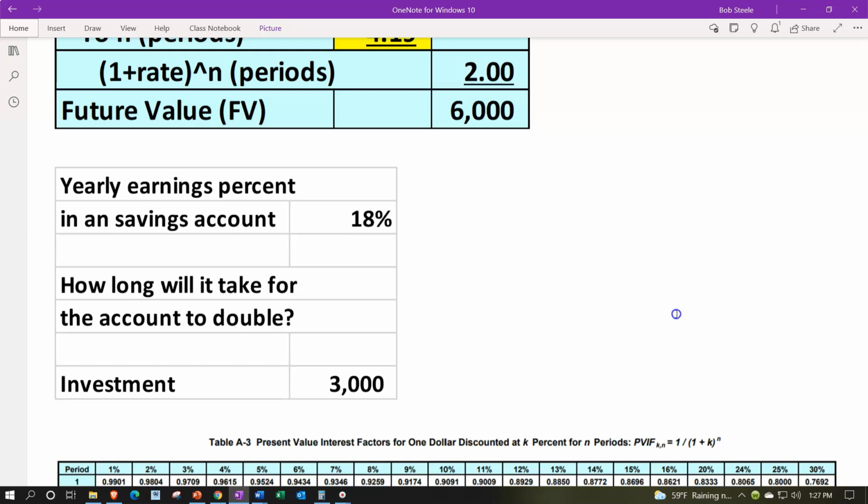So on the present value side, you've got an annuity present value table, a series of payments, and a non-annuity present value table, sometimes called present value of 1. And on the future value side, you have a future value annuity table, a series of payments, and a future value of 1 table as well. We'll be using the non-annuity tables on both the present value and future value.